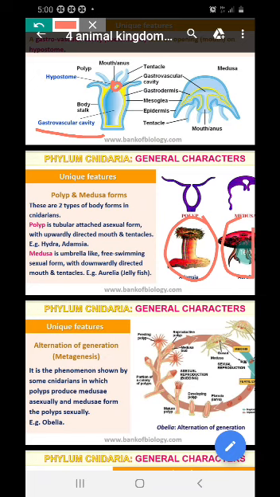So it is called alternation of generation, or metagenesis. Clear? So what is metagenesis? It is the phenomenon shown by some cnidarians in which the polyp produces the medusa asexually and the medusa forms the polyp sexually. Clear?